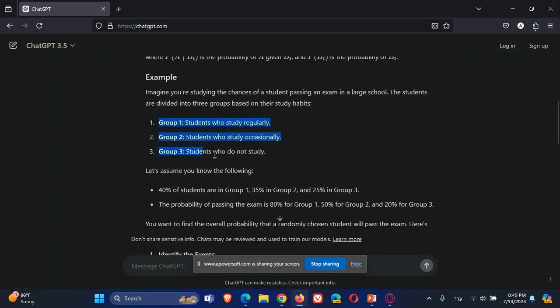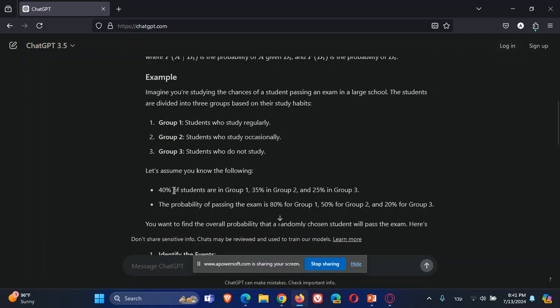We have three groups of students. One group studies regularly, the second group studies occasionally, and the third group does not study. For each group I have a probability of succeeding in the test, and I know how many students are in each group.